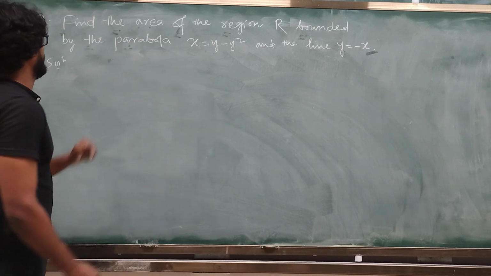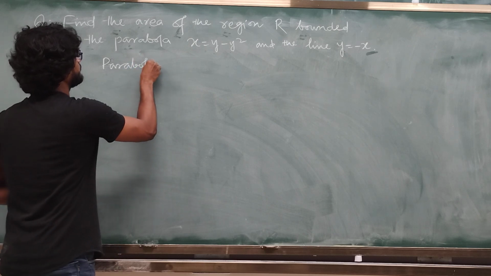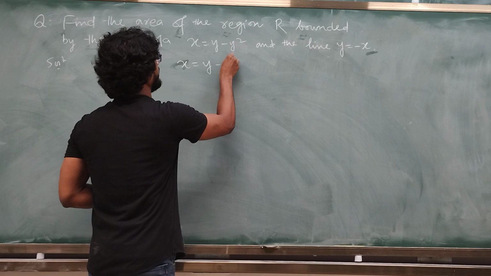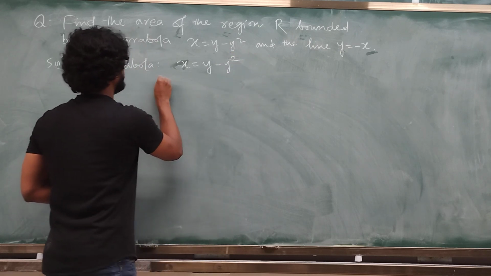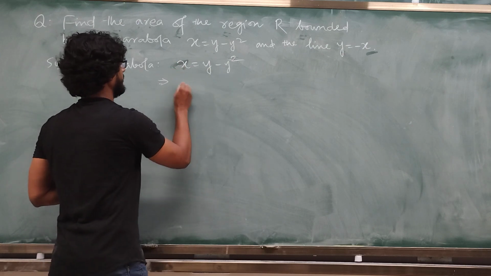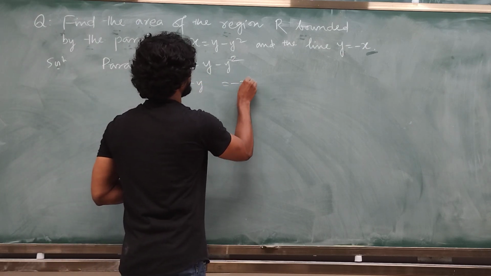So given is the parabola x equals y minus y squared. If we want to know it in a known form, we take y squared minus y equals minus x.